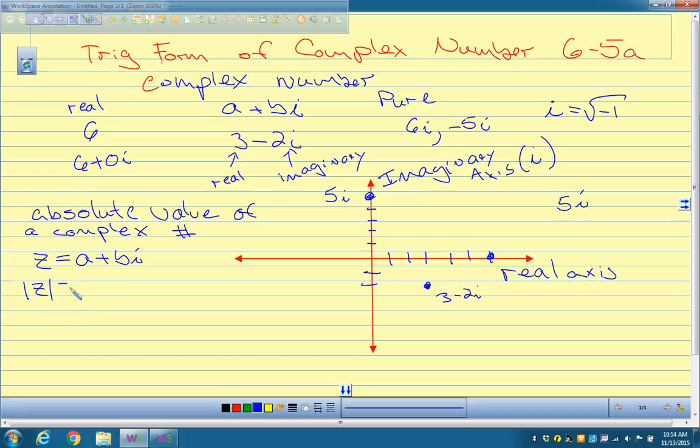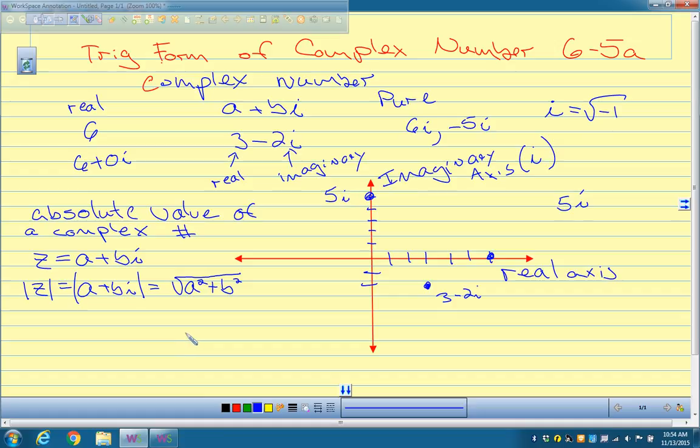Absolute value of z, which is equal to the absolute value of a plus bi. All you do is almost the exact same thing that we've been doing by finding the magnitude of a vector. It's just the square root of a squared plus b squared.